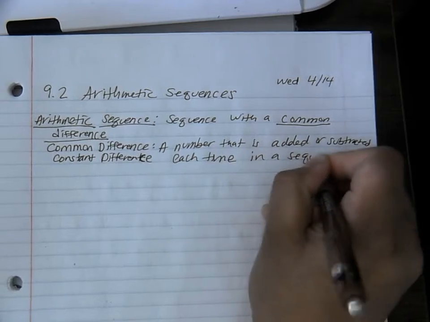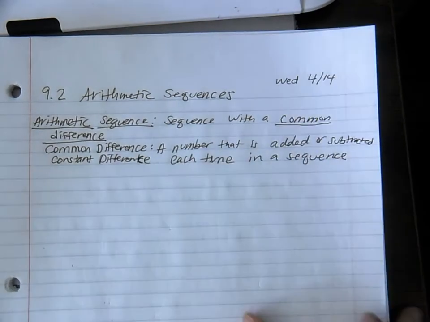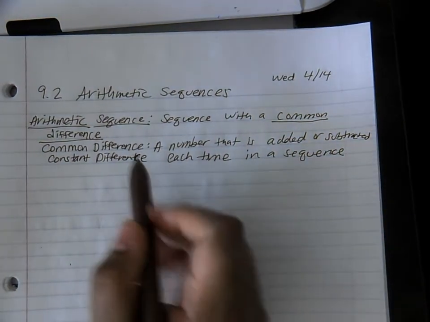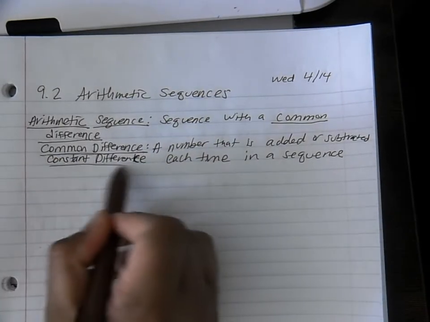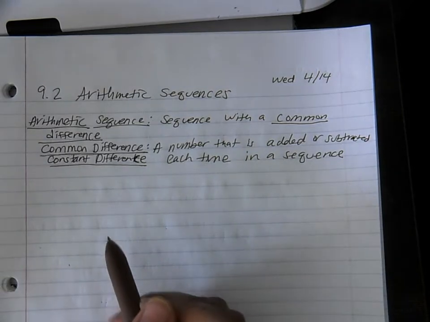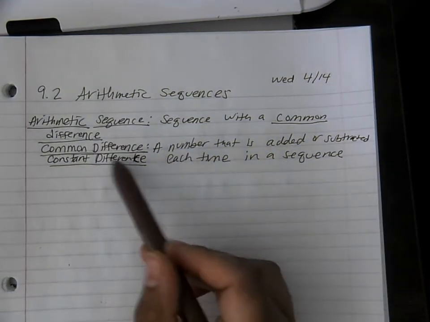So when you look for that pattern in a list of values and it looks like the same number every time is being added, like maybe it's adding 3 every time or subtracting 3 every time, or adding 8 every time, or whatever it is, that is called the common difference.